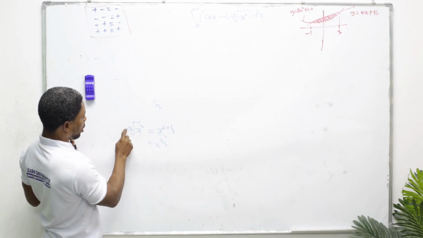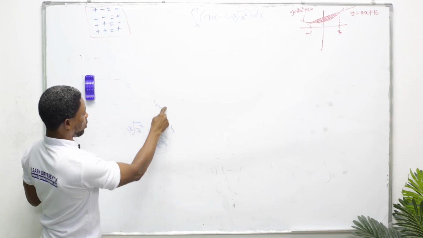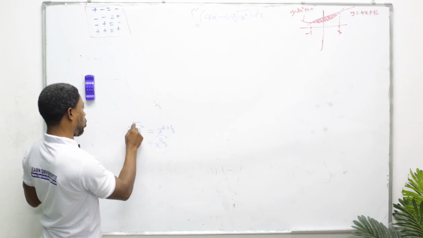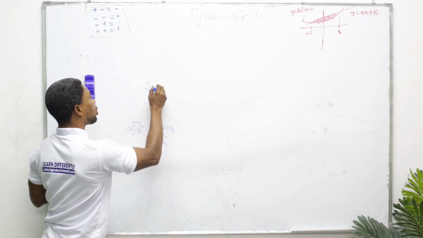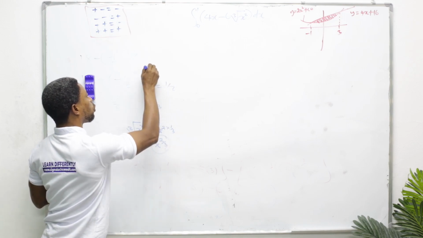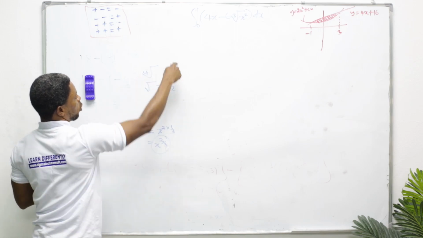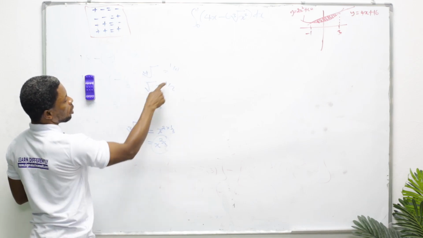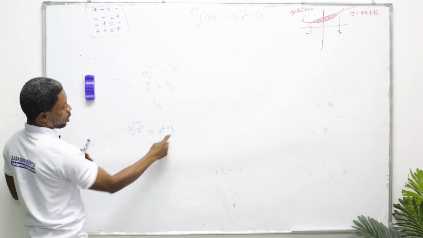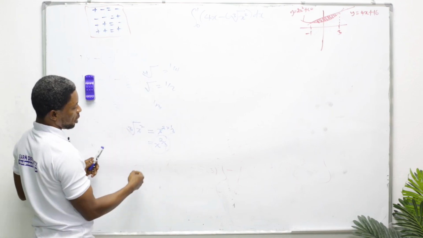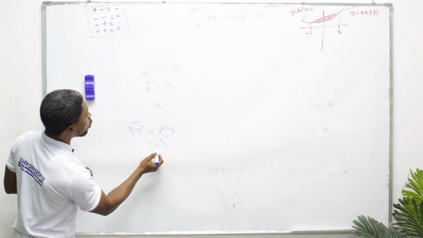I come again. Look at what the cube root represents: 1 over 3. If it is square root, it is 1 over 2. If it is fourth root, it is 1 over 4. But they are all powers, indices. So now I'm going to change it.